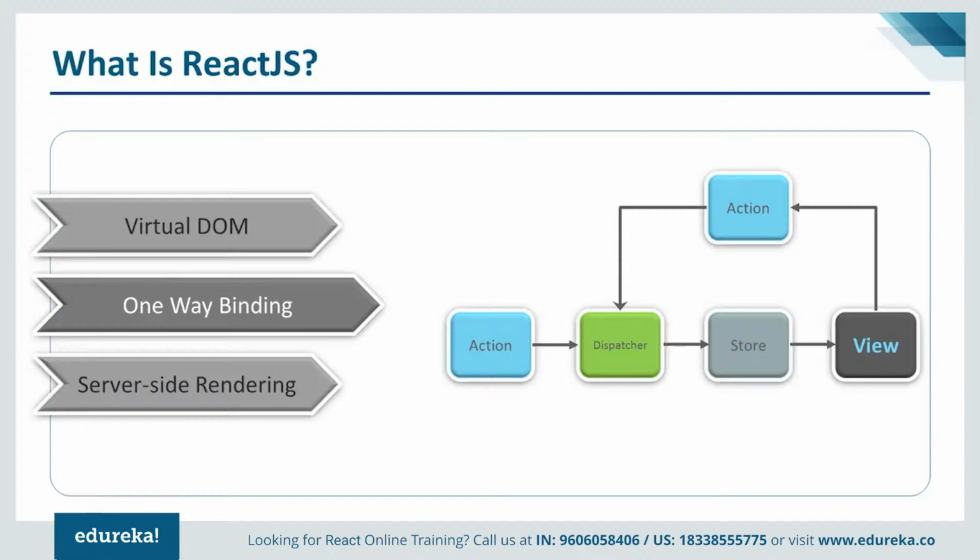So this also saves a lot of time in the testing process. One-way binding is one of the key advantages in React, which has helped developers to control the view rendering, and the adoption of this technology has increased tremendously.